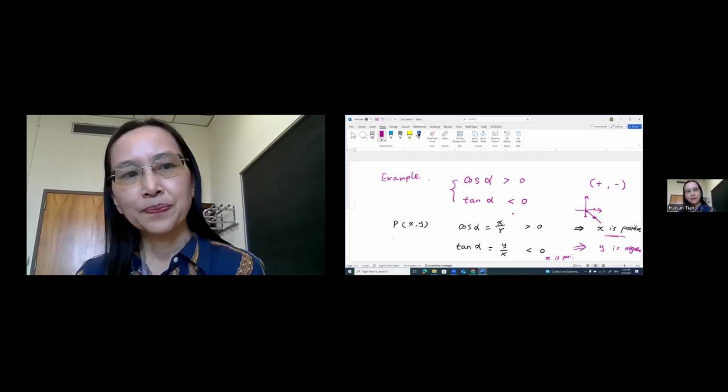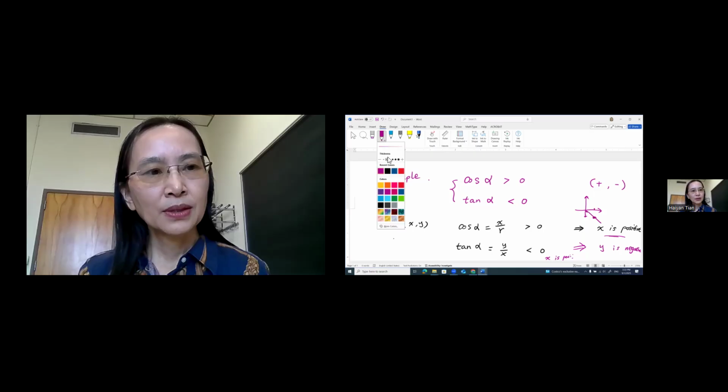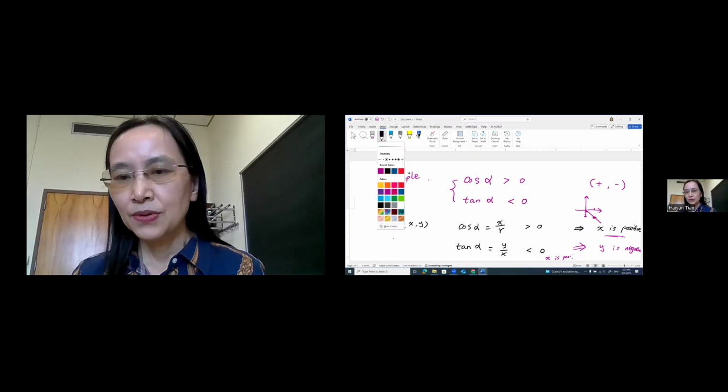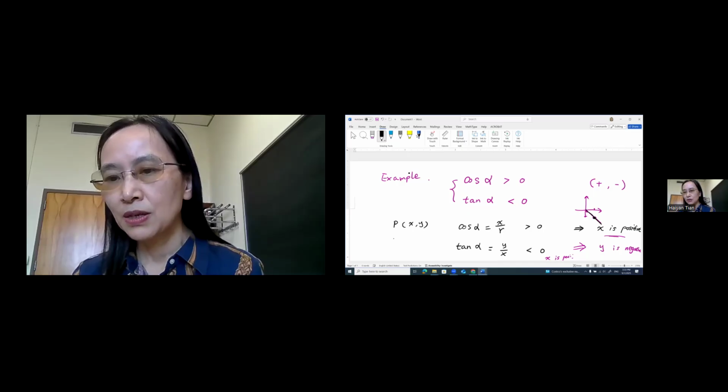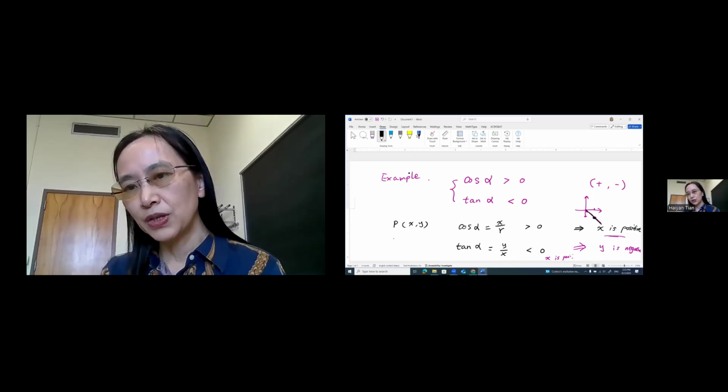So the angle, no matter if it is positive or negative, it has to be an angle in the fourth quadrant.